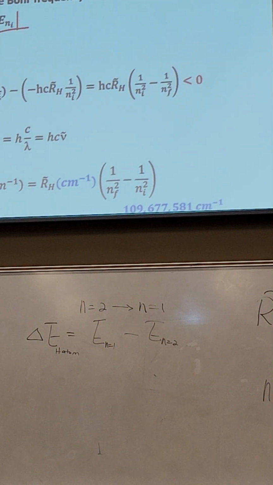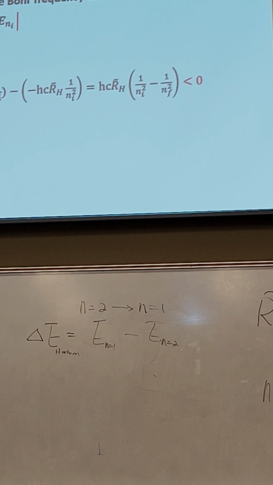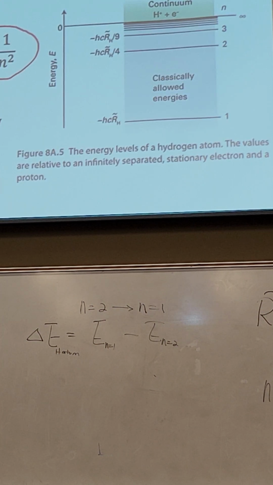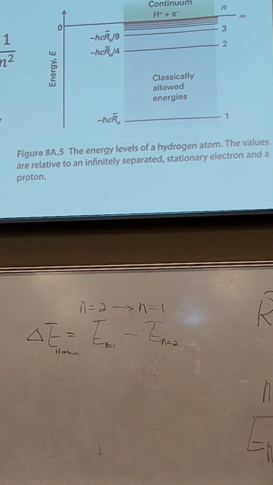Now, what is our general expression for the energy? Alrighty, so the energy for the hydrogen atom equals negative hc times the Rydberg constant for the hydrogen atom, times 1 over n squared.